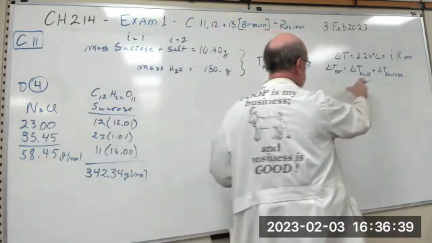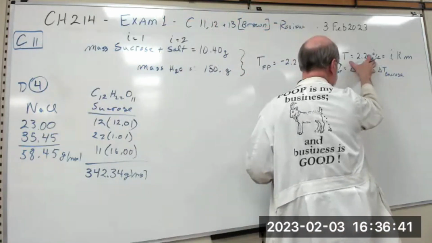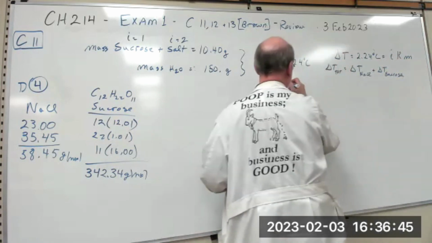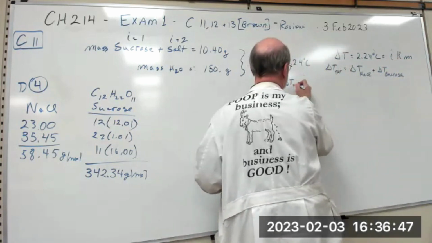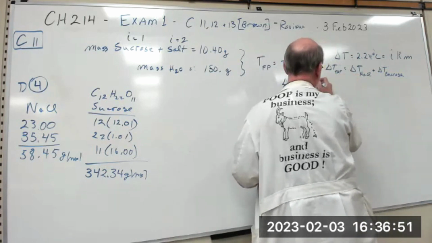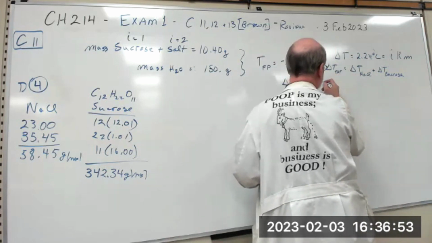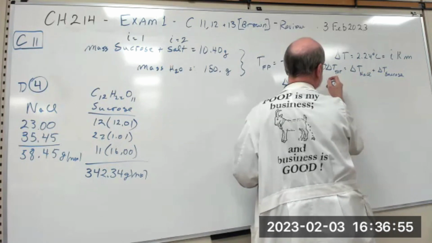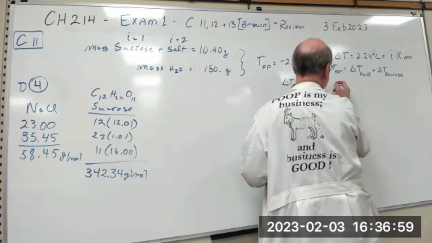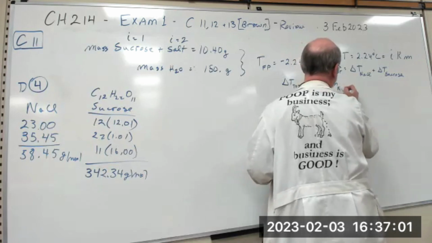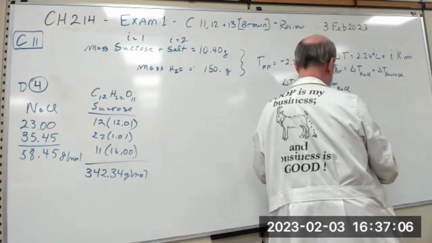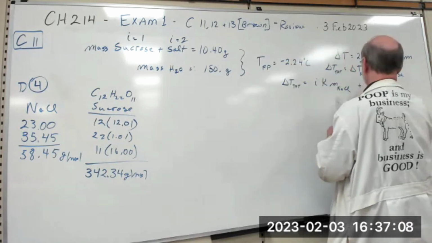So we can set up a separate change in temperature for each one. Right? So the total change in temperature is going to be equal to the i for sodium chloride times the K for water times the molality of sodium chloride. And same thing for sucrose.